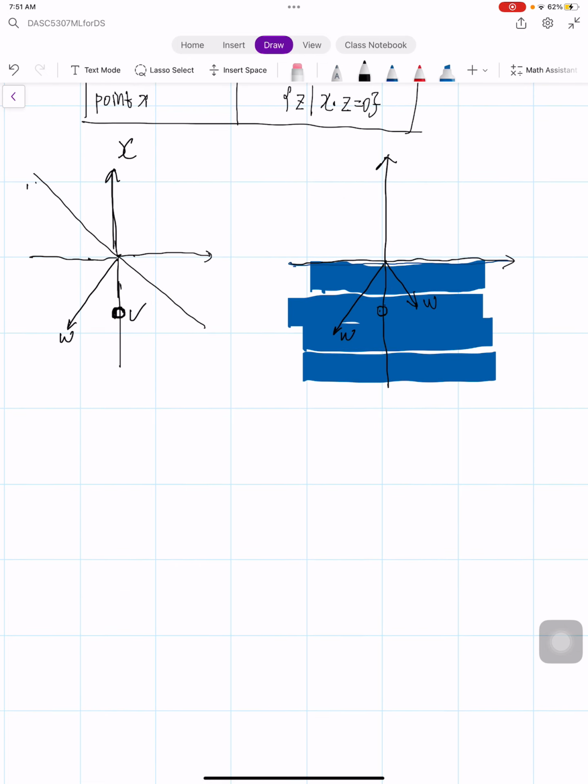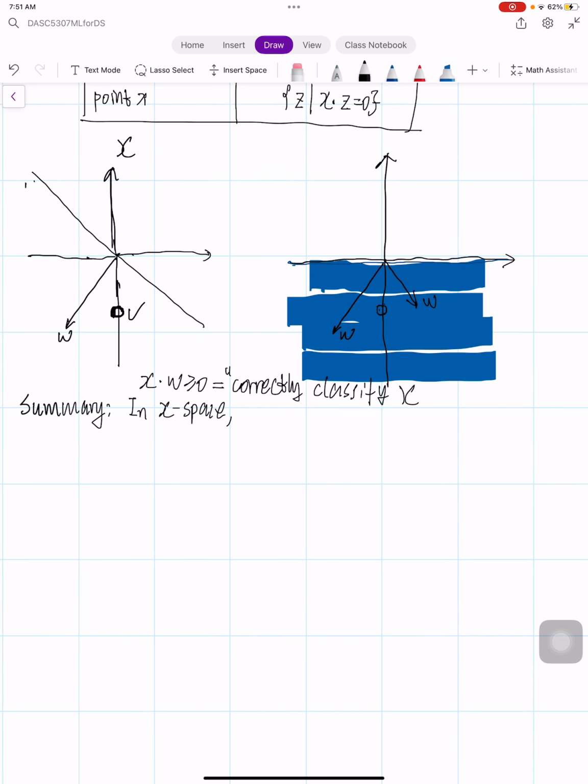So, in summary, in feature space, if we want to enforce x times omega is greater than or equal to 0, which means we want to correctly classify x, what do we need to do?